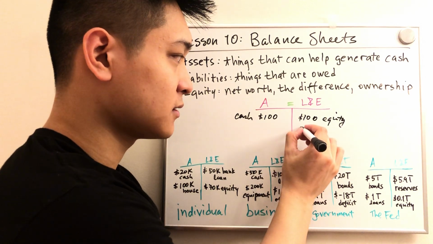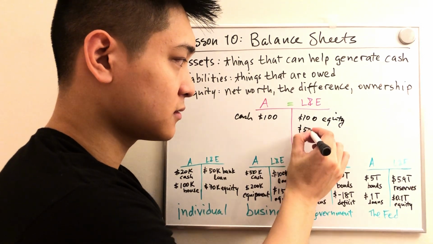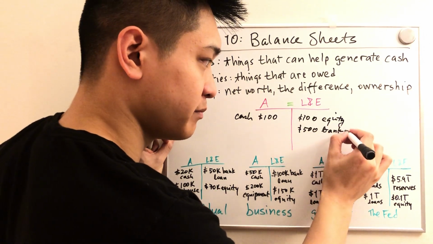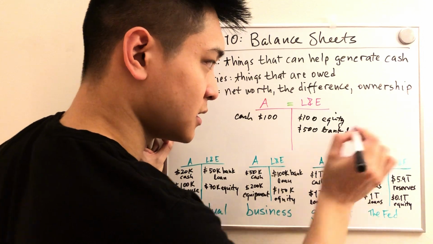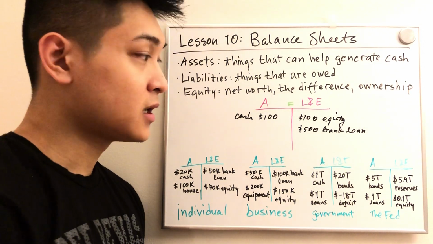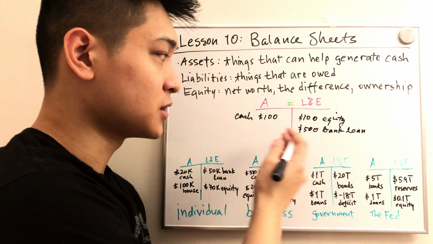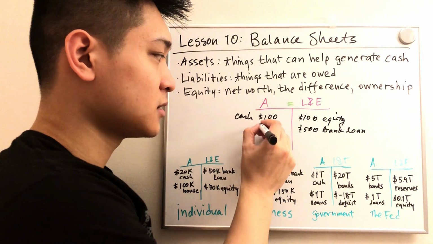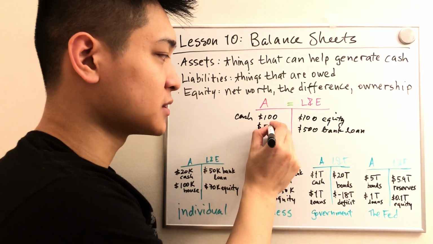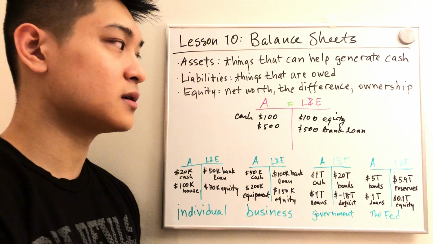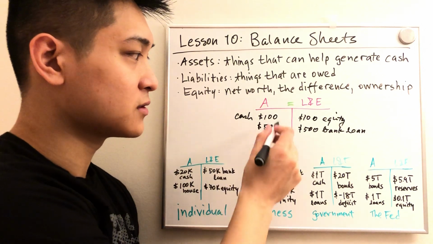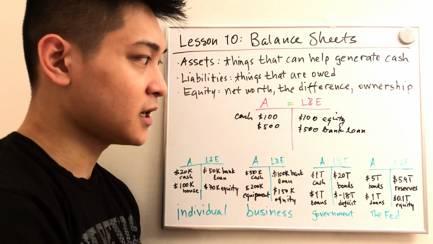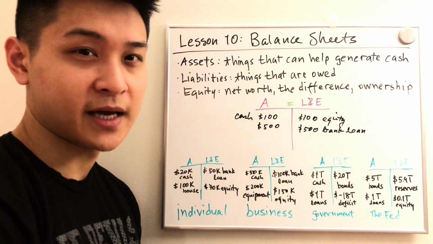So here, this would be a $500 bank loan. But at the same time, the loan also creates an asset for me. I have additional cash that the bank has given me for my current use. And so now I have $600 in cash total, 100 of which I owned outright, and 500 of which I owed back to the bank.